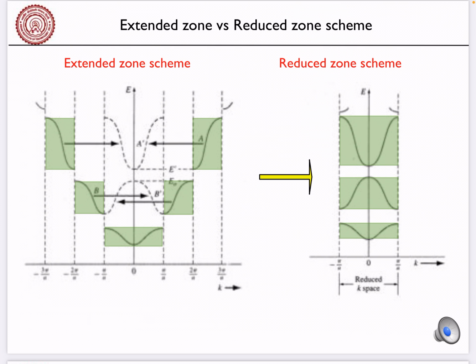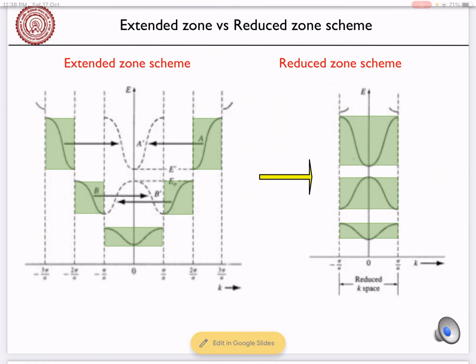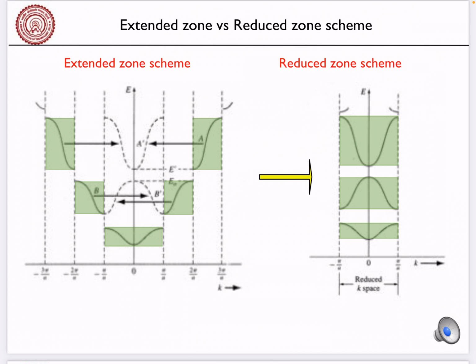We call it the reduced zone scheme, where we plot the second Brillouin zone within the first Brillouin zone, and the third Brillouin zone I am again putting back to the first Brillouin zone, as I showed here on the left hand side. So, these are all equivalent. On the right hand side, the entire band structure is shown only in the first Brillouin zone, and this is called the reduced zone scheme.